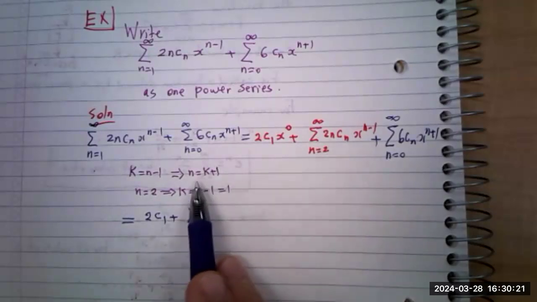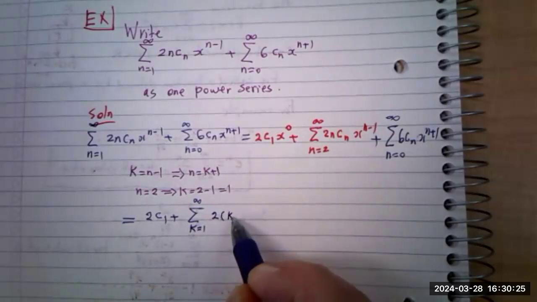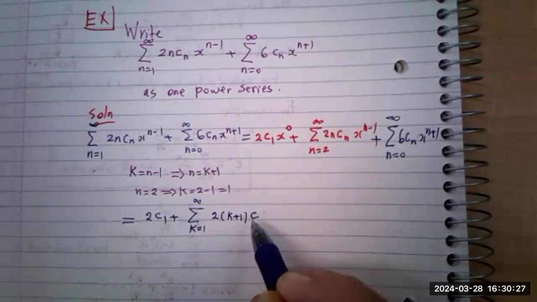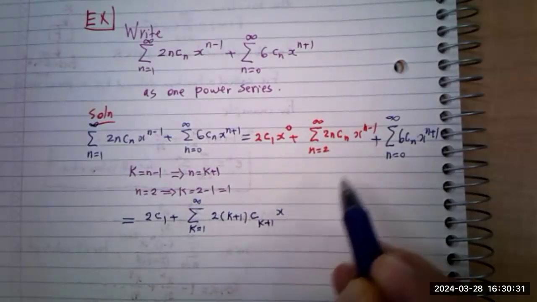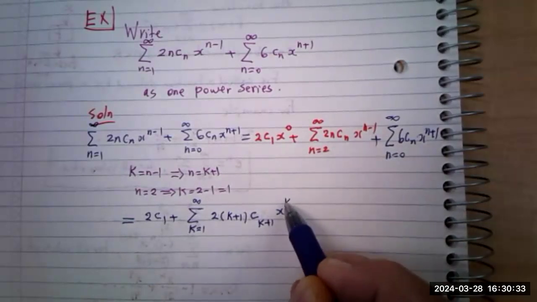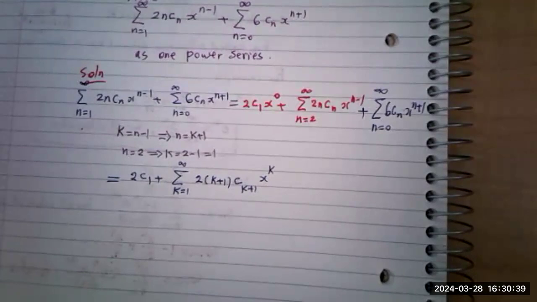Replace the n by k plus 1. So that gives you 2 times k plus 1, c of k plus 1, x to the k minus 1 equal to k. So I change this one into x to the k. Any question?